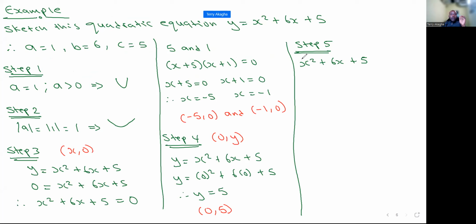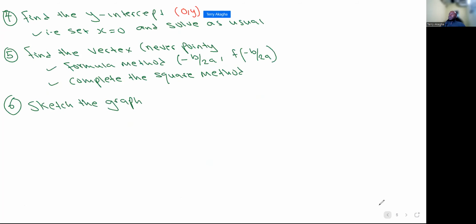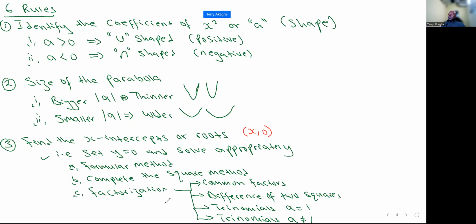So remember, for complete the square, we have the formula method, we have when a is equal to 1, and when a is not equal to 1. You can also write it here if you want, it could help you. So I have videos for each of these, so you can go back and have a look at them.